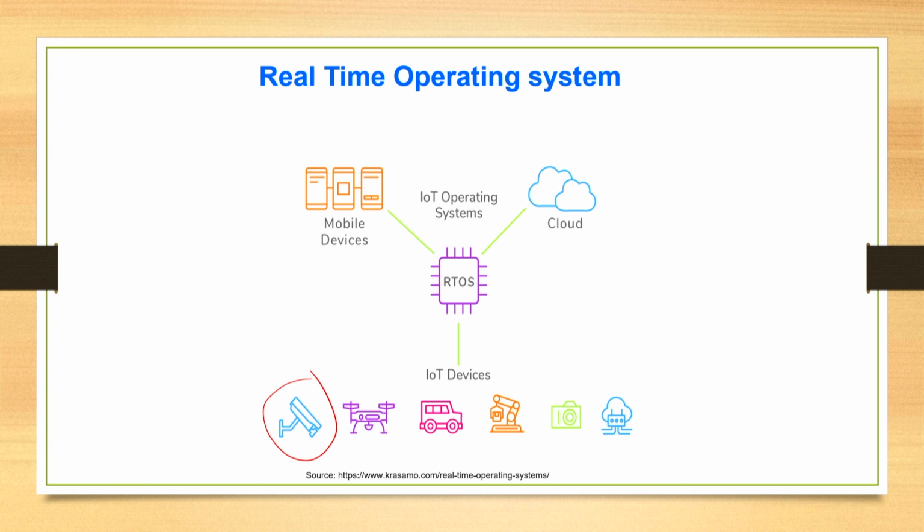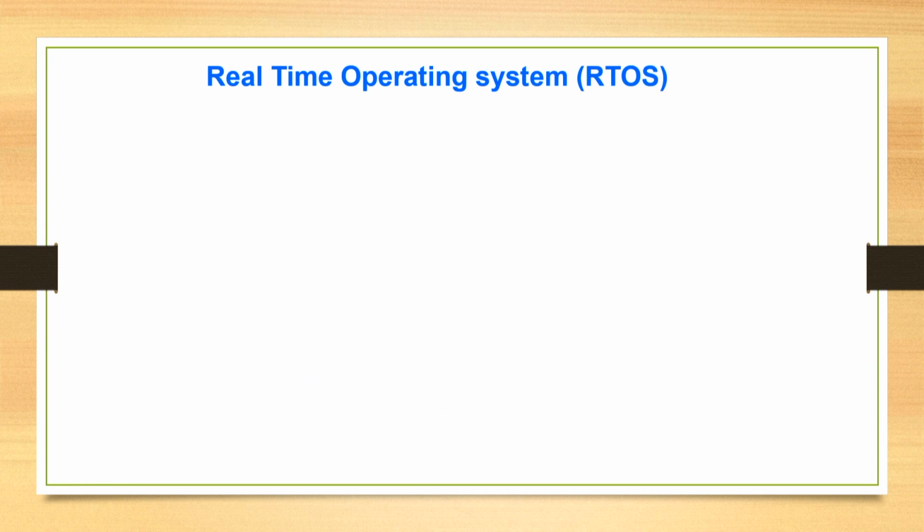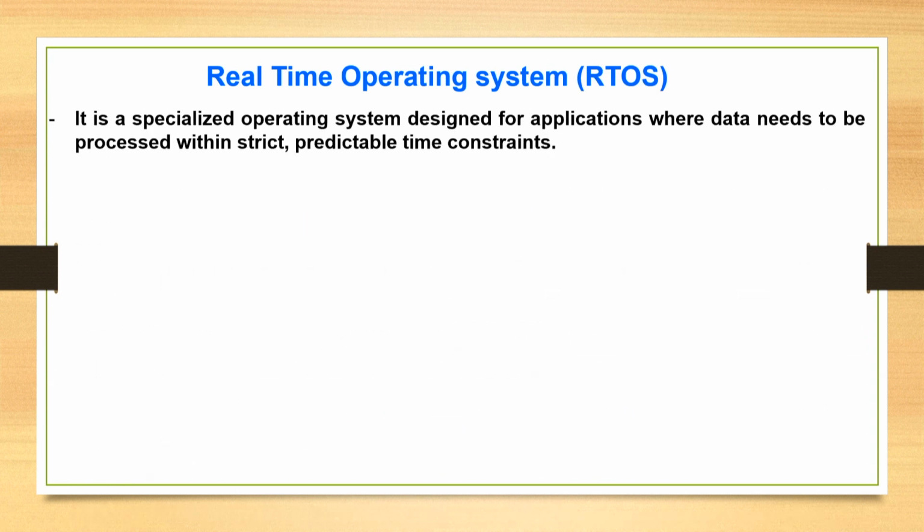So, what exactly is the real-time operating system? It is a specialized operating system which is designed for applications where data needs to be processed with strict predictable time constraints. Means this job is to be performed in a given time.